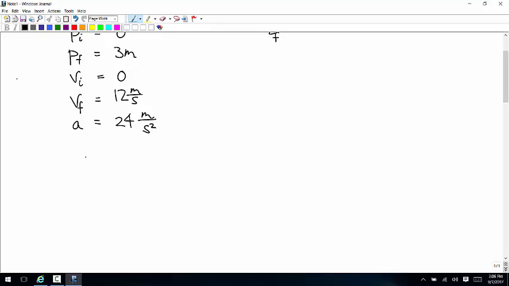Okay, so let's use V final is equal to V initial plus A times time final. So 12 meters per second is equal to 0 plus 24 meters per second squared times time final.